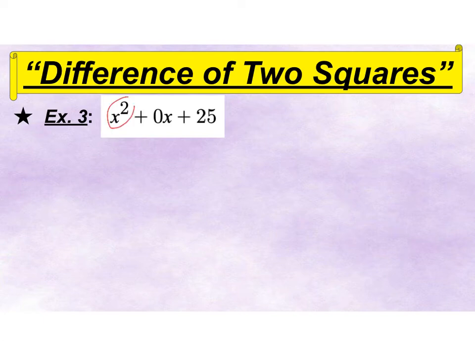Again, this is a perfect square. This is supposed to be a minus there, sorry. Minus 25. So we're going to do, oh no, what's going to happen here? Well, you know what, let's keep it a plus for a minute. So if we do it as a positive 25 and what adds to 0, well, 5 and 5, but that's going to go to 10, and it can't be negative because we've got a positive.